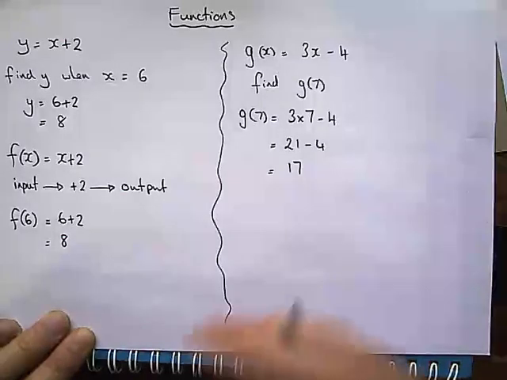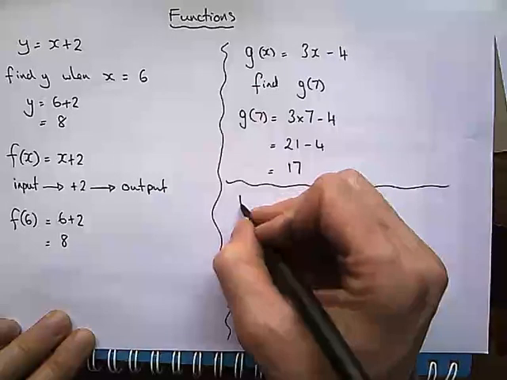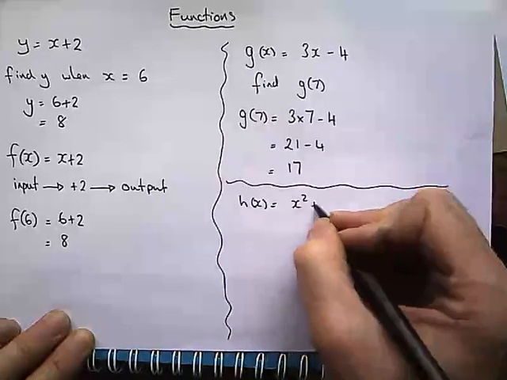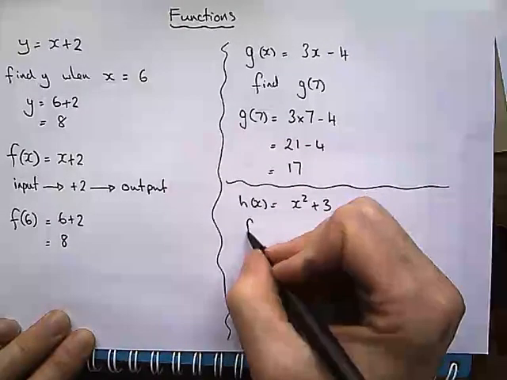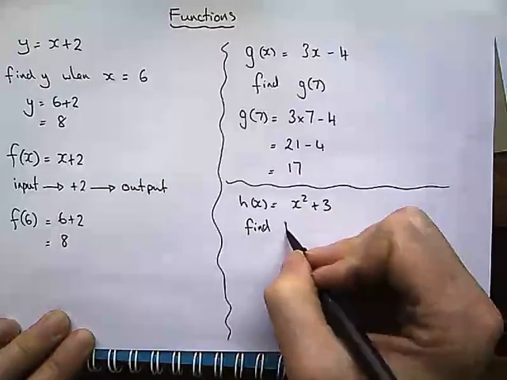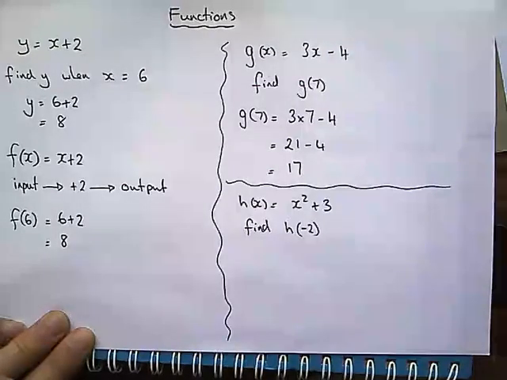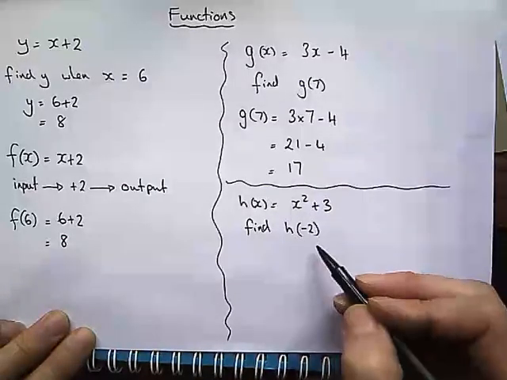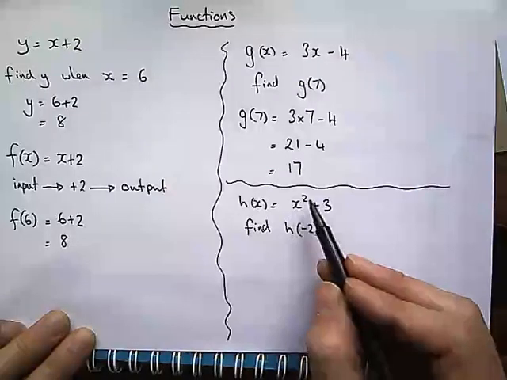They might give me another function. For instance, h of x equals x squared plus 3. Find h of minus 2. So we substitute in, for every x value, the minus 2. Now don't forget, this is minus 2 squared.